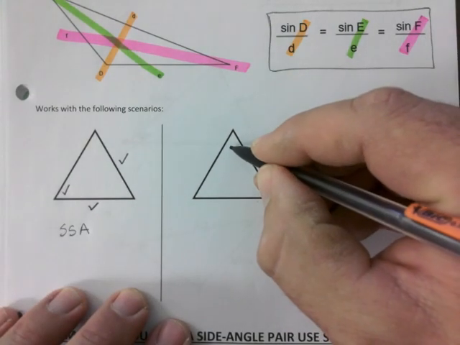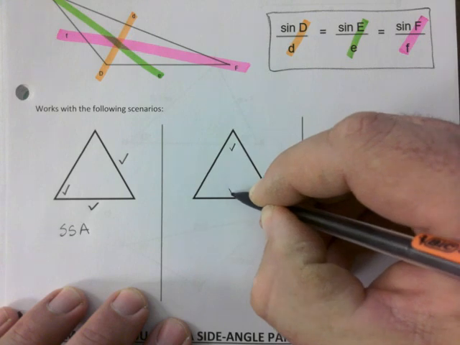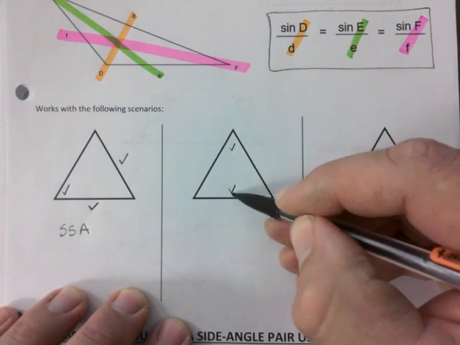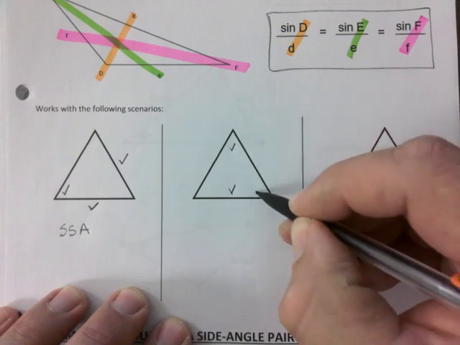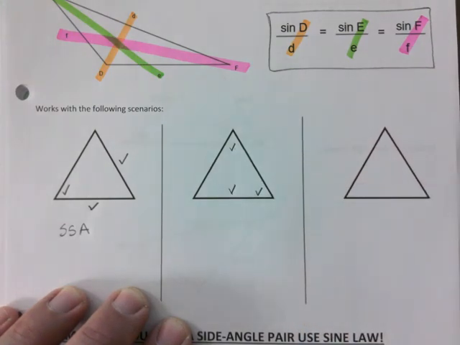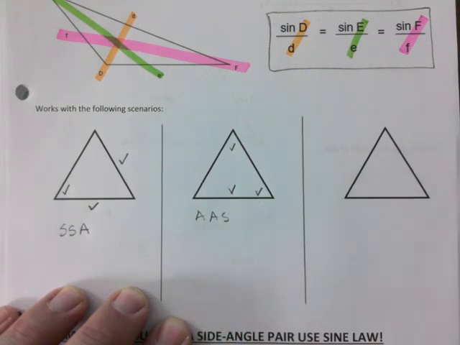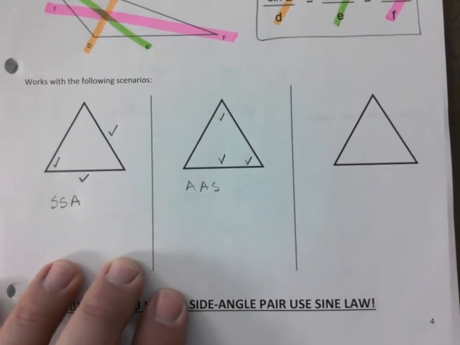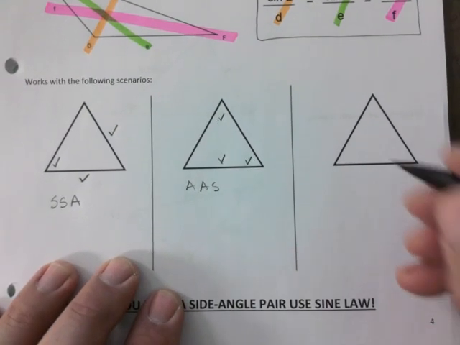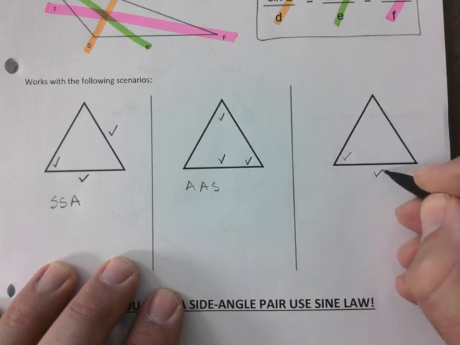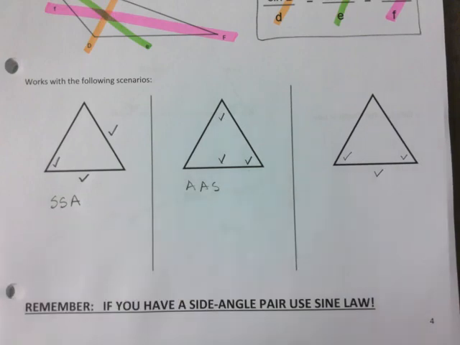The other one is, let's say you have a pair. You have an angle and the side across from it, and you're given one more angle. That would be an angle, angle, side. And then the next one is angle, side, angle.